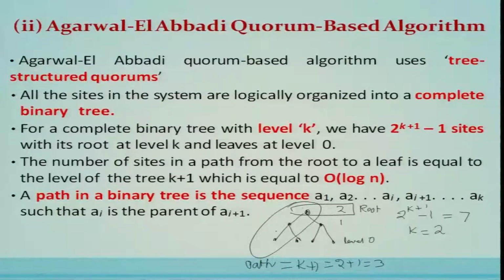So three different sites will be in a particular path, and that is equal to order log n. A path in a binary tree, like 1 2 3 here, is a sequence a1, a2, ..., ai+1, such that ai is a parent of ai+1.